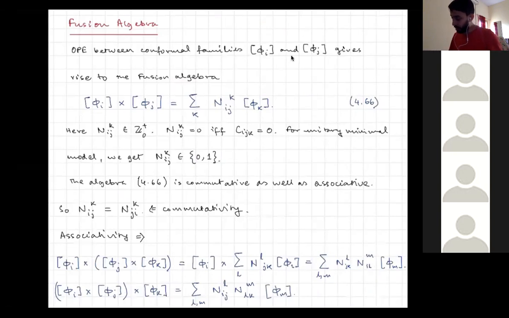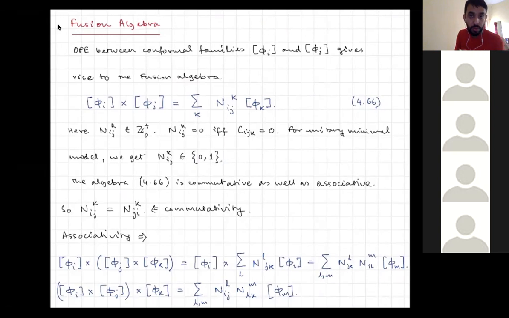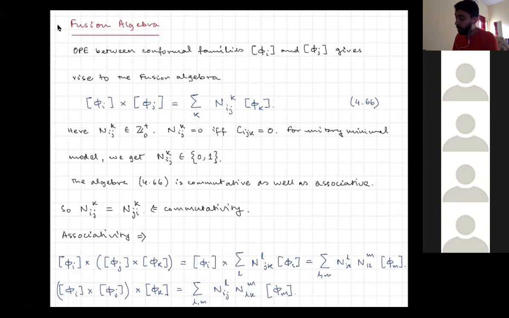What I wanted to do a little bit more is something called a fusion algebra. Now if you have the OPE between these conformal families phi i and phi j, this is going to give you some N_ij^k times phi k, right?